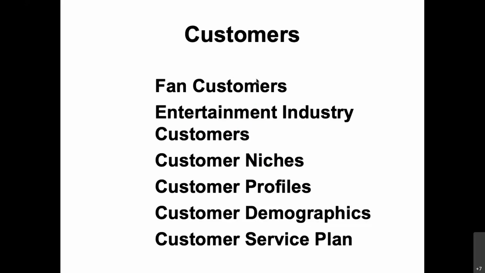If you're a songwriter or a musician in a band, you've got two different types of customers: fan customers and entertainment industry customers. There is a difference. Then you're going to look at the niches, the profiles, and the demographics for both of those, and put together some sort of customer service plan within the plan.